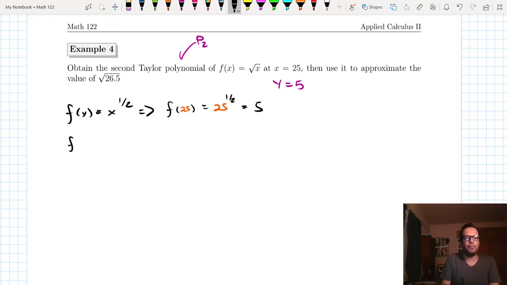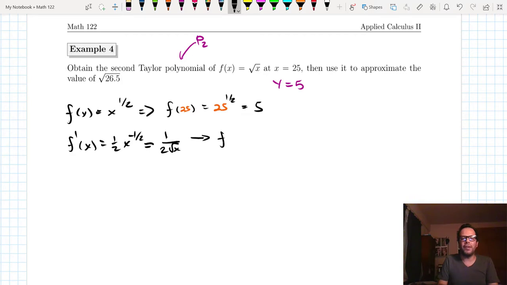And then f prime of x is 1/2 x to the negative 1/2, which equals 1/2 square root of x. That's what we got from the previous example, from our first example.